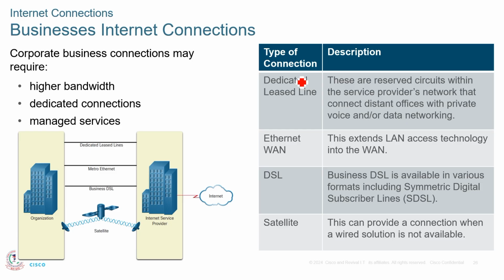You see, dedicated leased line, Metro Ethernet, business DSL, and satellite. So dedicated leased lines are reserved circuits within a service provider network that connect distant offices with private voice and or data networks.